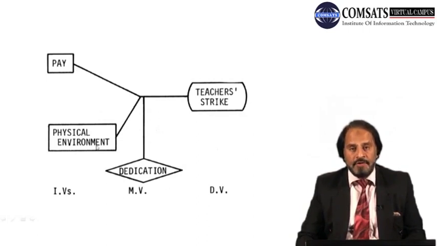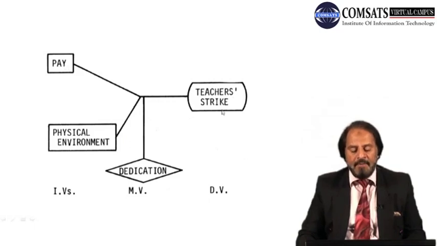Even though the physical environment is bad, teachers who are dedicated will not go on strike. In that case the relationship will not exist. With teachers who are not dedicated, you will find the relationship to exist. That is the relationship between low pay and strike.